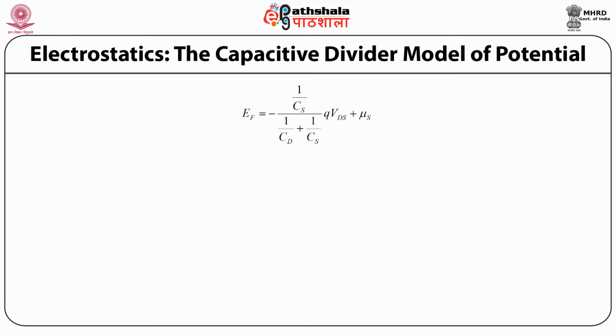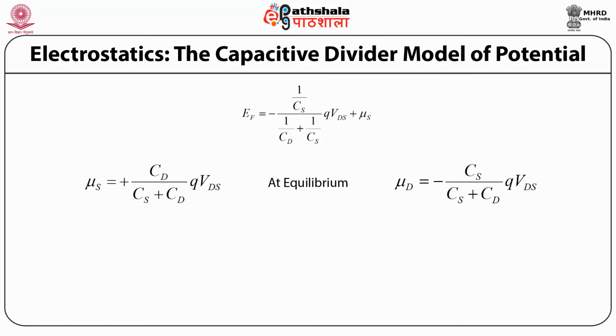That is, EF is equal to minus (1/CS divided by 1/CD plus 1/CS) multiplied by QVDS plus mu S. If the Fermi energy of the nanoparticle at equilibrium is taken as a reference, that is EF equal to 0, mu S is equal to plus CD by (CS plus CD) multiplied by QVDS.